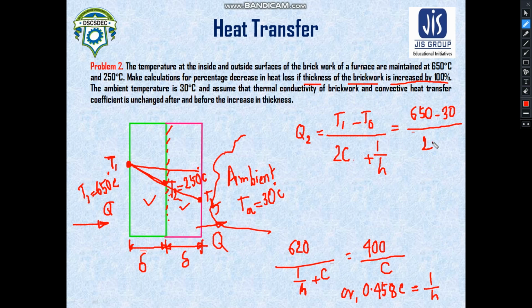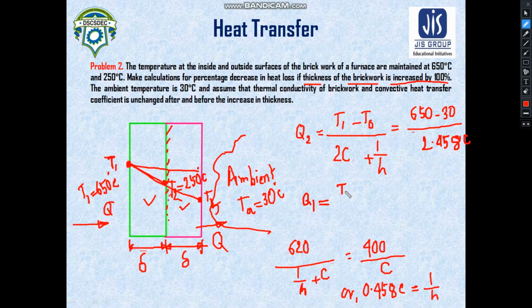So ultimately it would be 2.458C, right? And in the previous case I have missed to do the calculation.